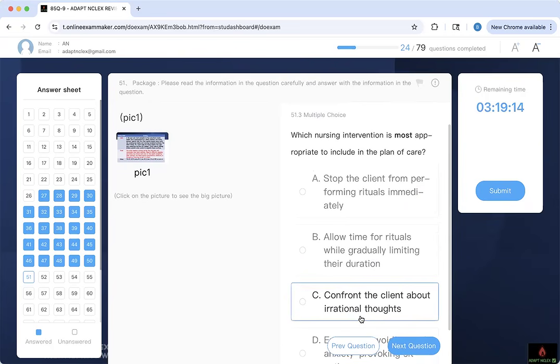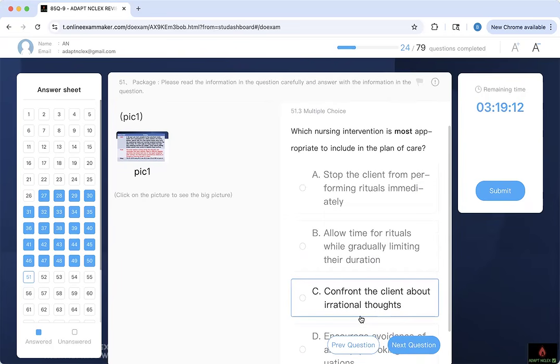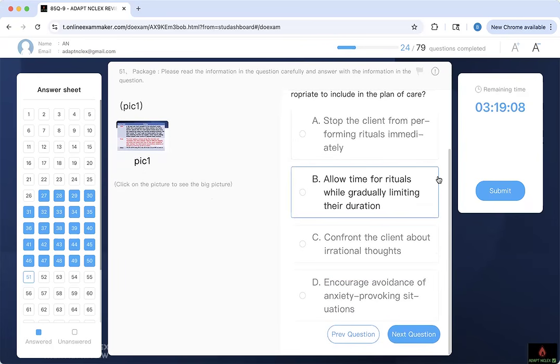Now, which nursing intervention is most appropriate to include in the plan of care? Do you stop the client from performing the ritual immediately, right away? Stop completely. Allow time for ritual while gradually limiting their duration. Confront the client about irrational thought and encourage avoidance of anxiety-provoking situations.